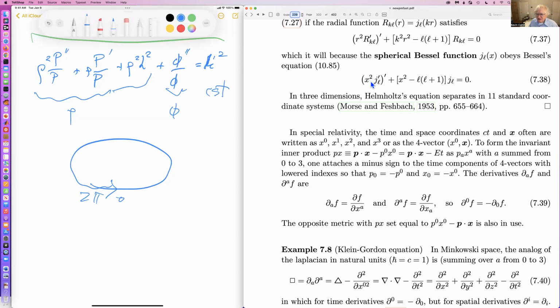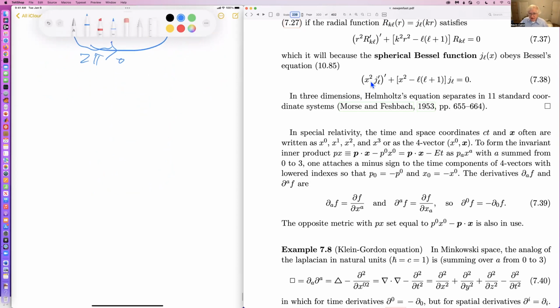So let me see if we can tell just by looking at these equations whether it's simpler. We have here for this one x squared j_L double prime plus 2x j_L prime plus x squared minus L(L plus 1) j_L equals 0. So that's the spherical Bessel function.